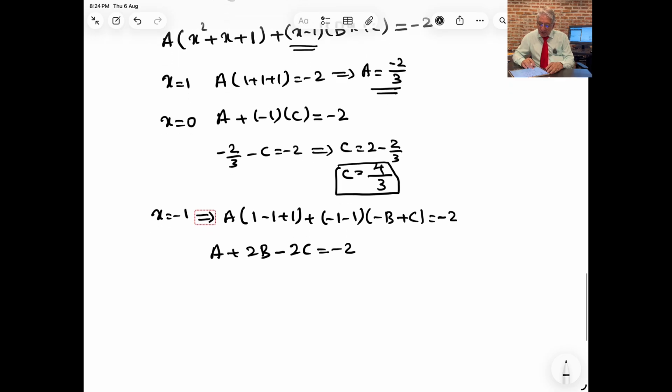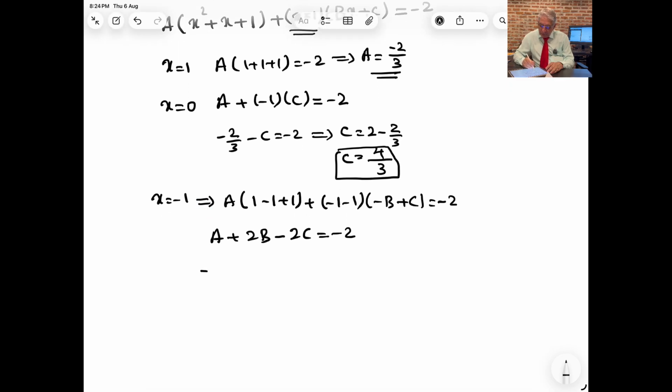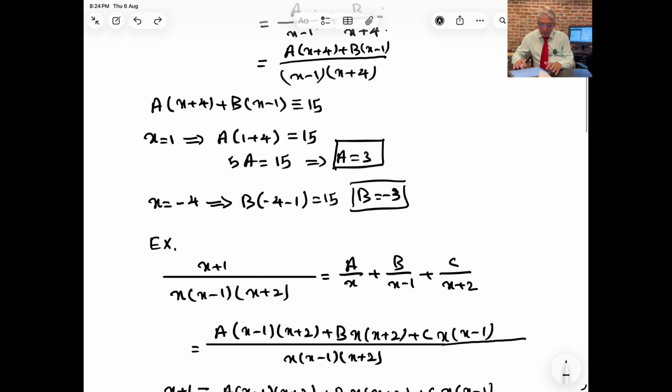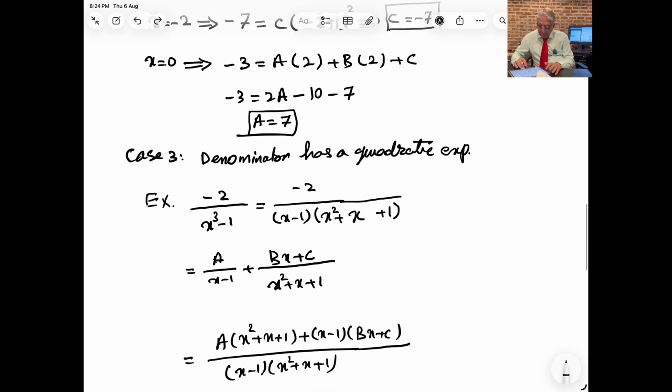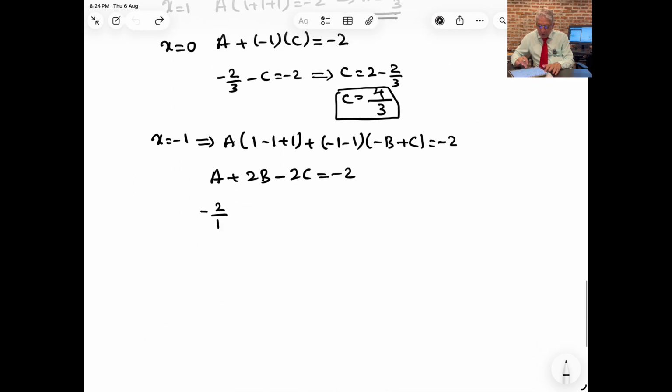Therefore, a is how much? A is negative 2 over 3, therefore negative 2 over 3 plus 2b, which is unknown, minus 2c, minus 2 times 4 over 3, should be negative 2.